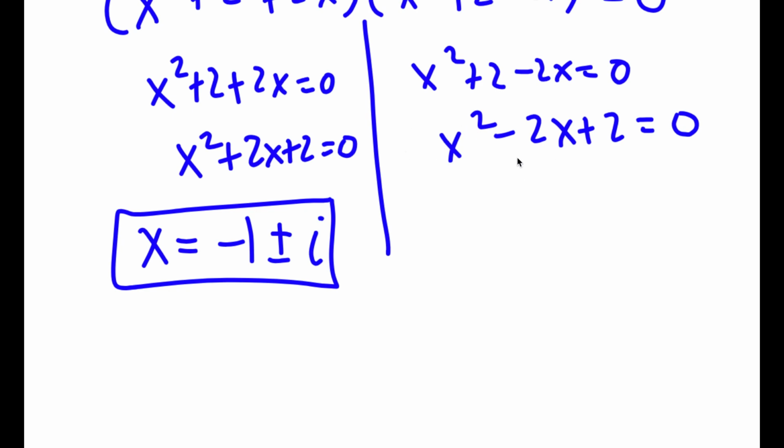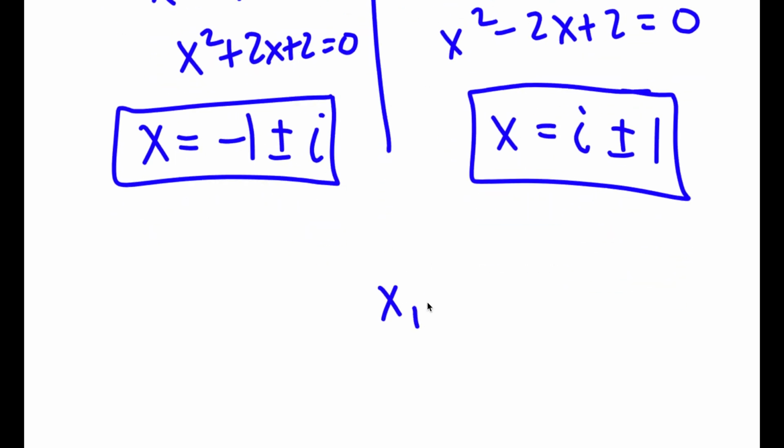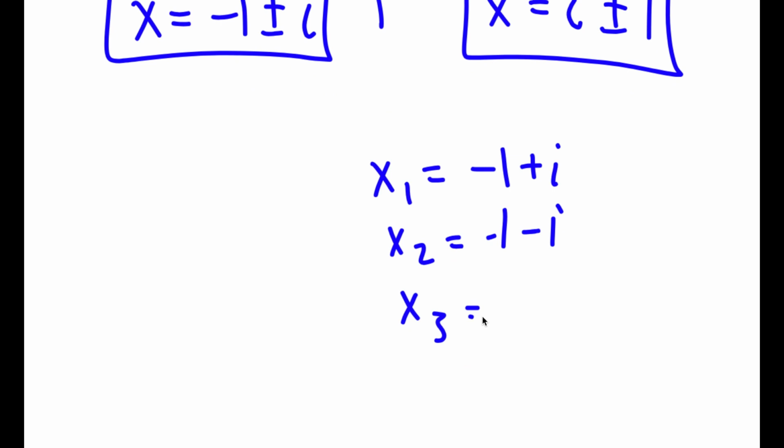And for x squared minus 2x plus 2, you get x is equal to i, or sorry, x is equal to i plus or minus 1. So my four solutions are -1 plus i, -1 minus i, i plus 1, and i minus 1.